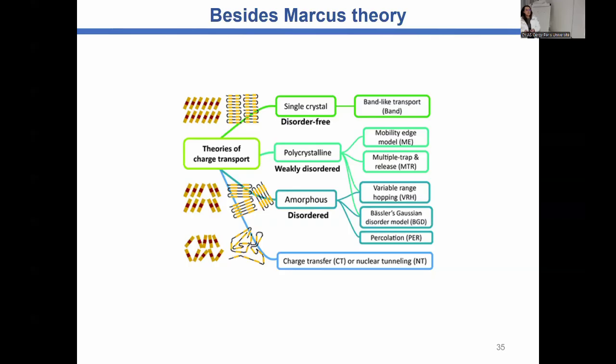And in terms of amorphous, which are disordered materials, we have these two models that I already said, and also the percolation, that is the hopping between the states. And we have the charge transfer or nuclear tunneling, where we can include the Marcus theory inside of these models.